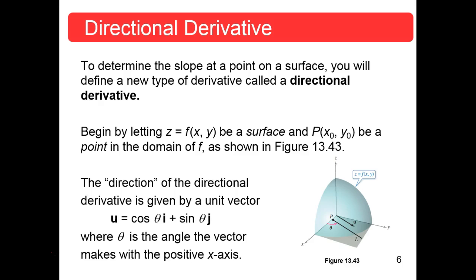It looks like it could be on the x-axis. It's not. It's on the surface above. The direction of the directional derivative is given by a unit vector u, which is cosine theta i plus sine theta j, where theta is the angle the axis makes with the positive x-axis. Okay?